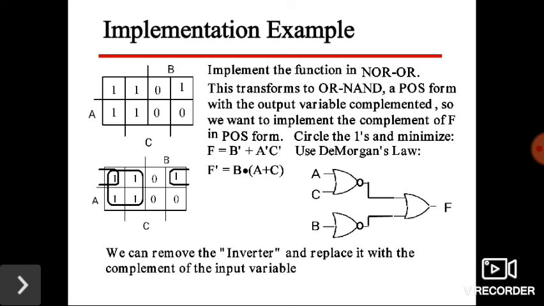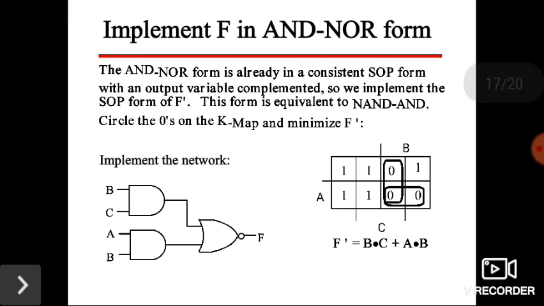On the left side we are noting the simplification, and on the right side we are drawing the gate level diagram. Then AND-NOR form is already in sum of products form with an output variable complemented, so we implement the sum of products form of f bar. This form is equivalent to NAND-AND.